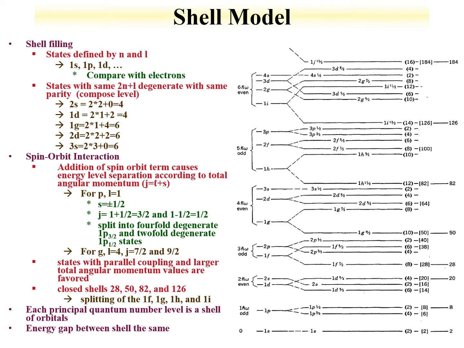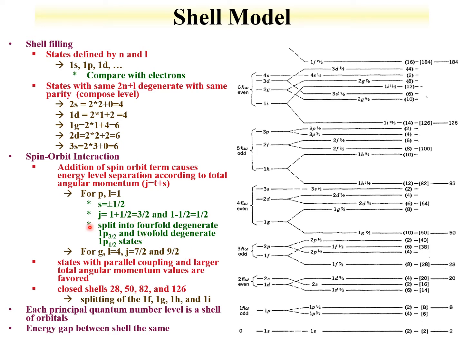As an example, we could take the p states, where l is equal to 1. The spin is either plus 1/2 or minus 1/2. So the splitting of the p states will either be a 3/2 or a 1/2 state.